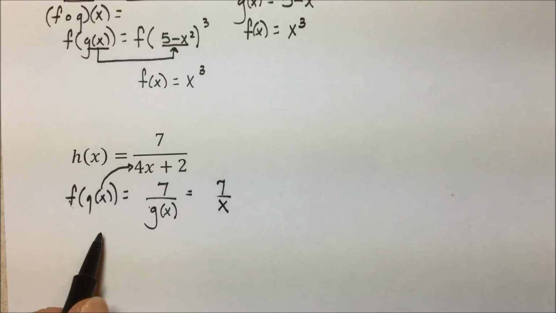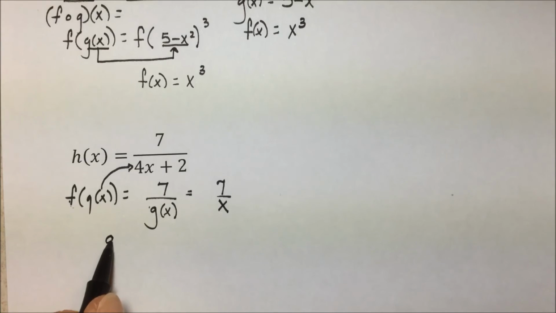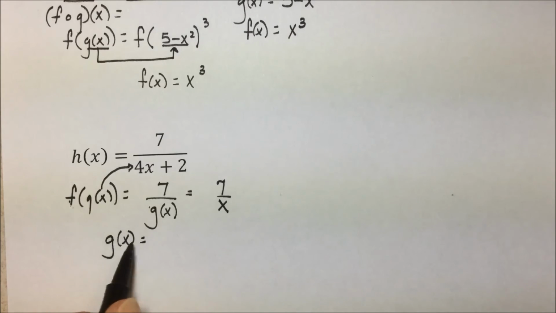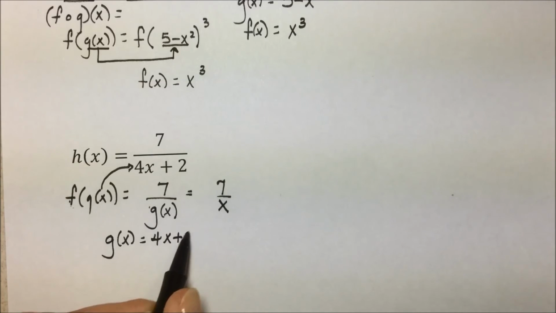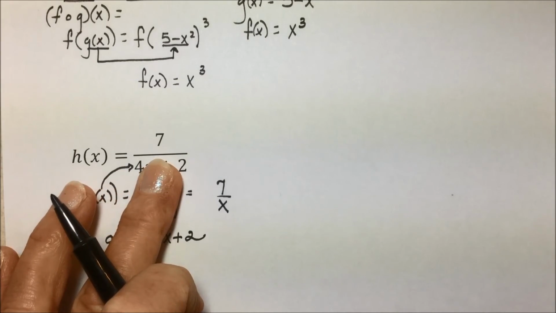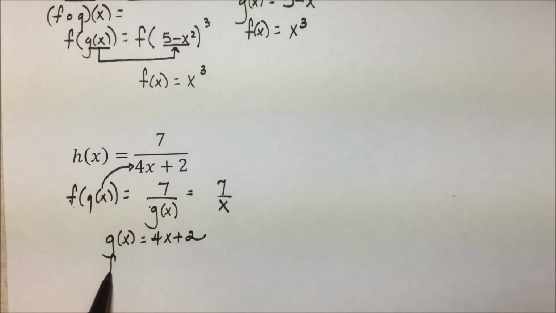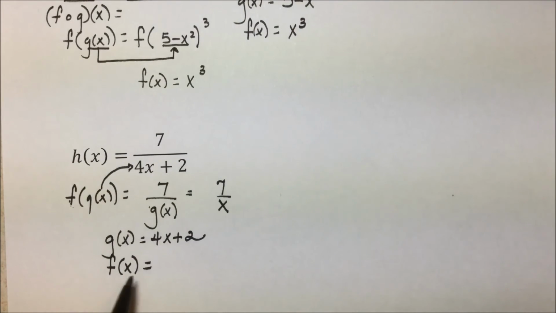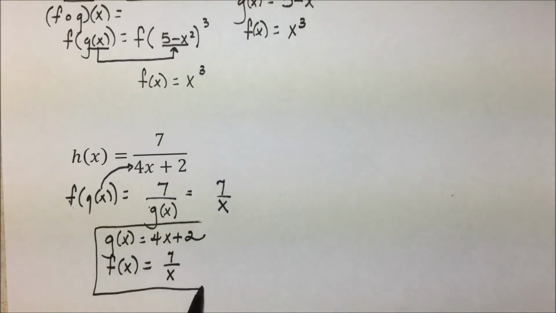So to represent what we have here, g of x is equal to 4x plus 2, the denominator. That replaces the denominator. F of x then is saying whatever you have, take 7 divided by whatever you have. So I believe this would be a version.